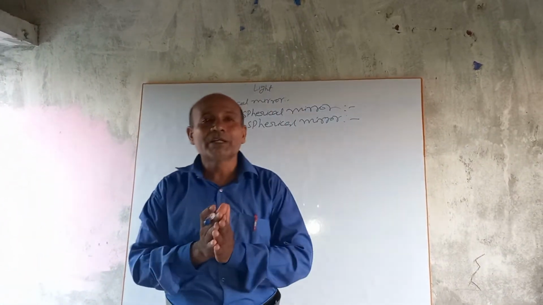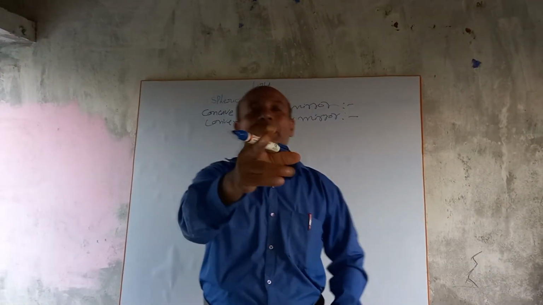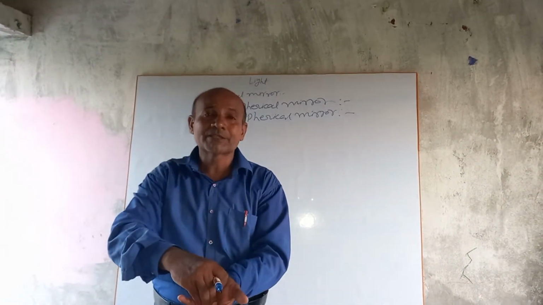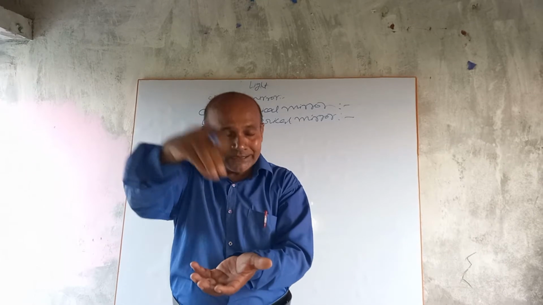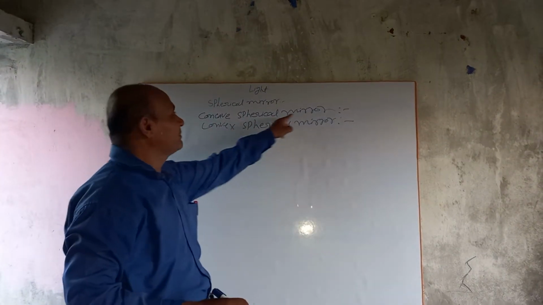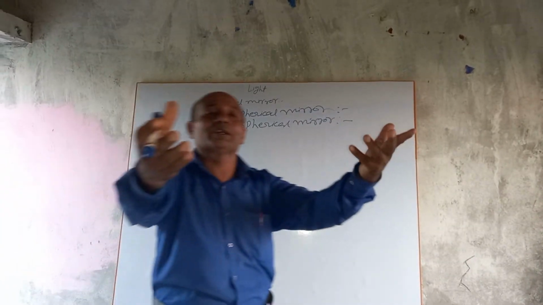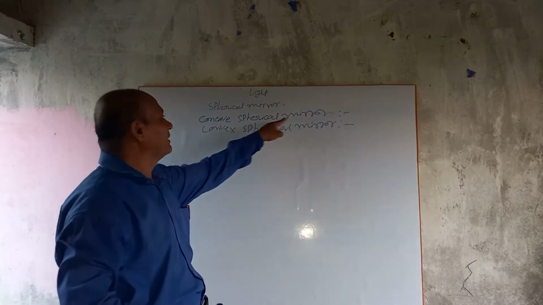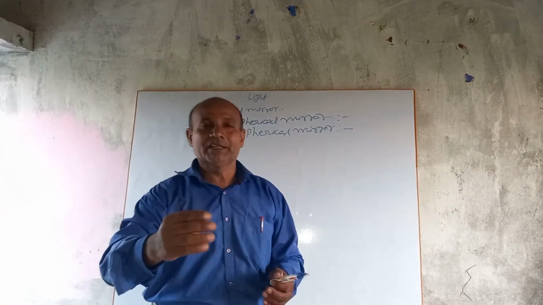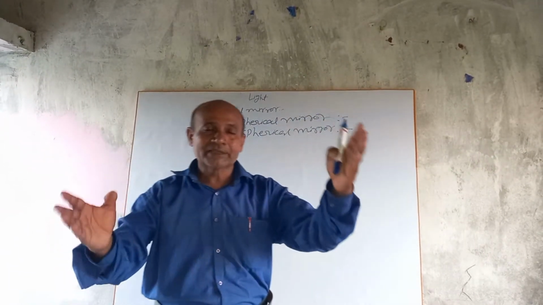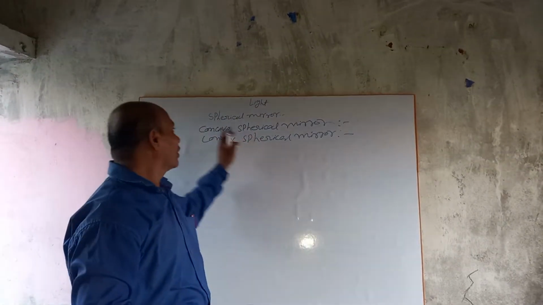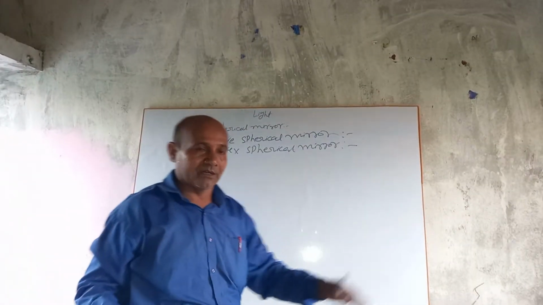First, you will try to understand what we mean by concave spherical mirror. That spherical mirror in which reflection of light takes place from the concave surface, or the surface which is bending inward, is called concave spherical mirror.